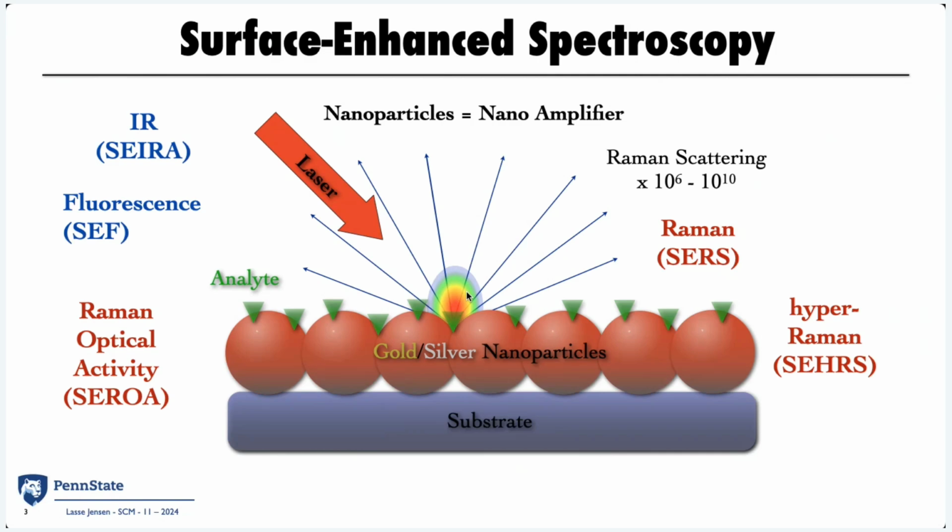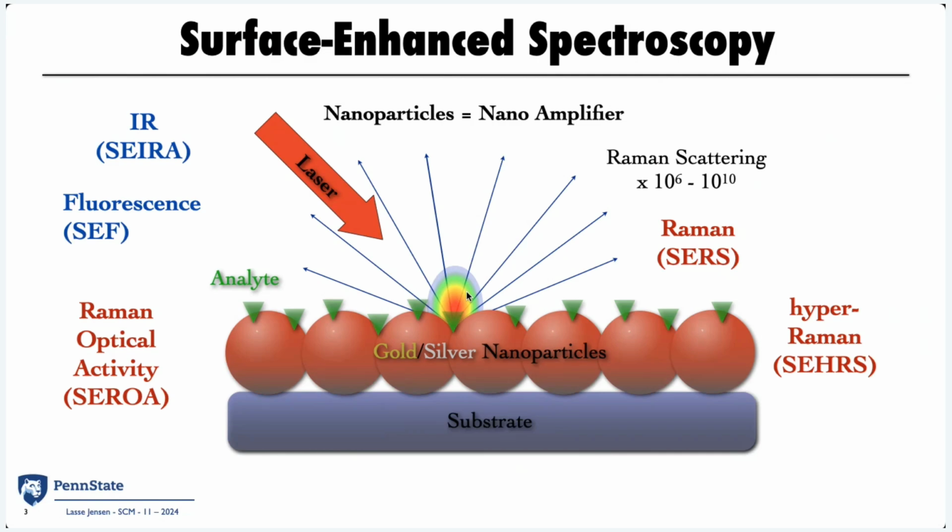These are typically either colloidal particles or fabricated substrates that have dimensions of a few tens of nanometers down to a few nanometers. And these plasmon excitations generate a strong enhanced local field at the surface of these particles. The spectroscopy uses the enhanced local field to enhance any observable optical properties of the molecules sitting on the surface.